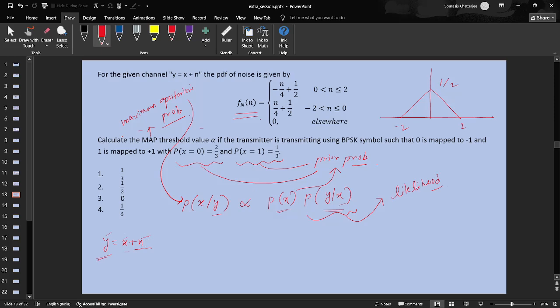For example, when x is 0, we are transmitting a BPSK symbol, that is 0 is mapped to -1. So let's call it x1 being transmitted.